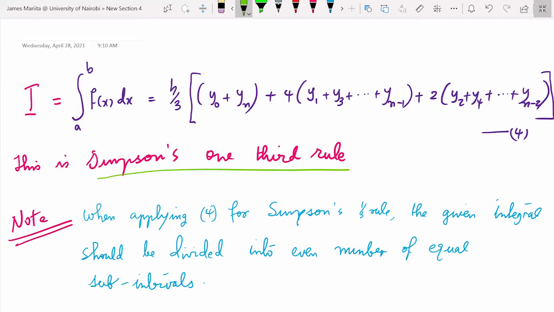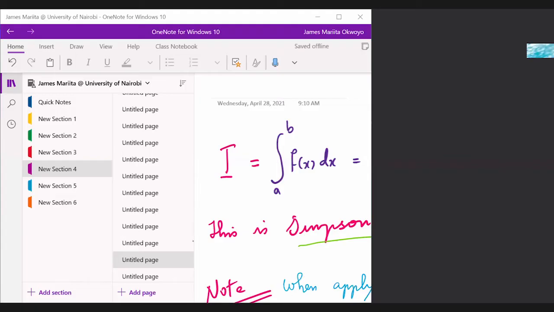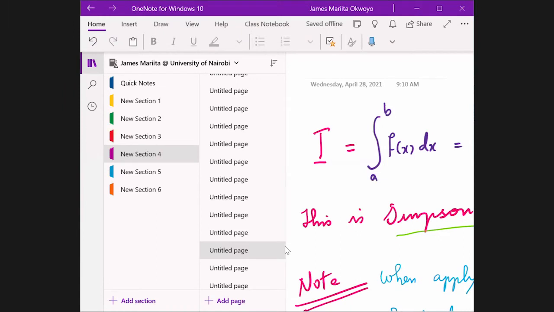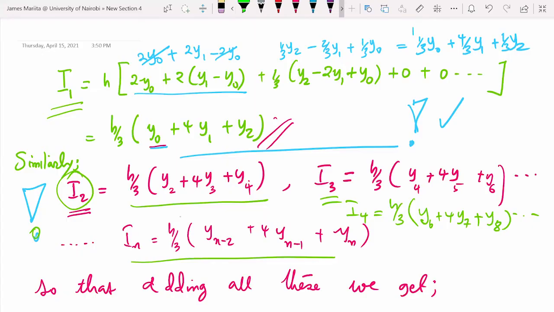This is what we had, this is our I1. This is what we have. So we have h over 3 (y0 plus 4y1 plus y2).